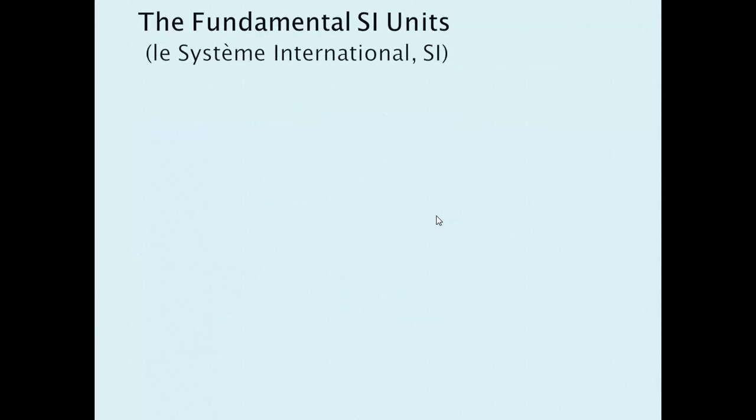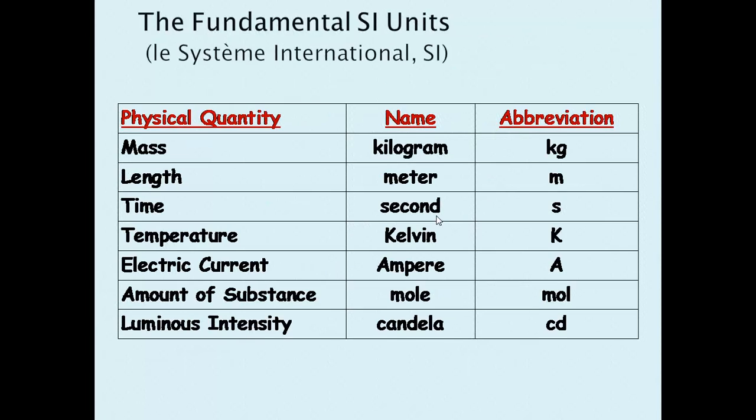Okay, and we said this a minute ago, but just to get this down again, a little bit more neatly, the fundamental metric system units, or SI units. Again, mass is the kilogram, abbreviated kg. Length is the meter, abbreviated m. Time is the second, abbreviated s.